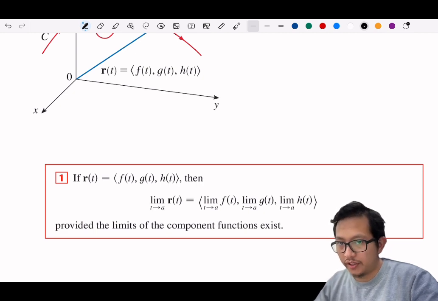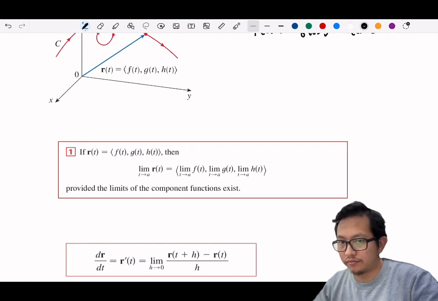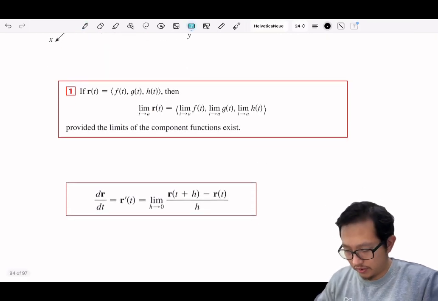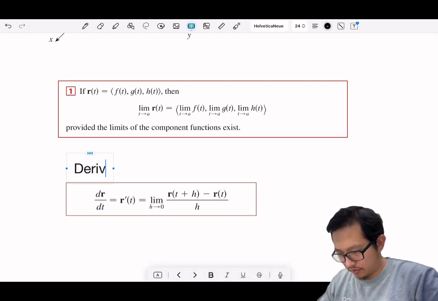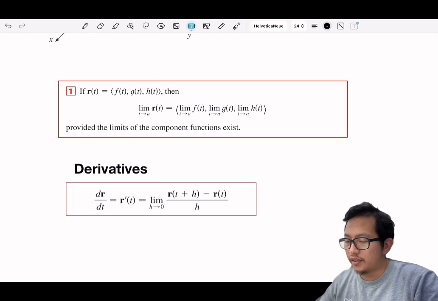Now, I will skip the introduction part because I would like to focus more on the derivatives. In derivatives, we have the definition.